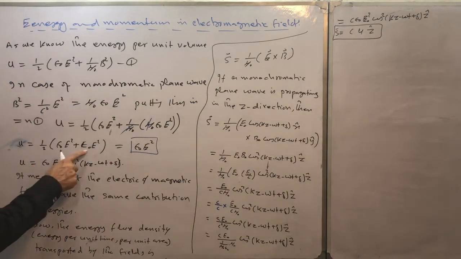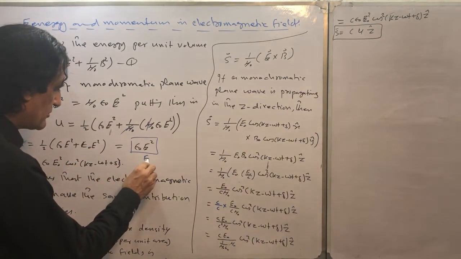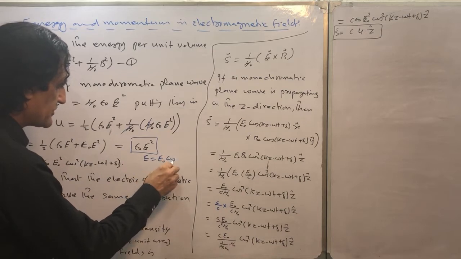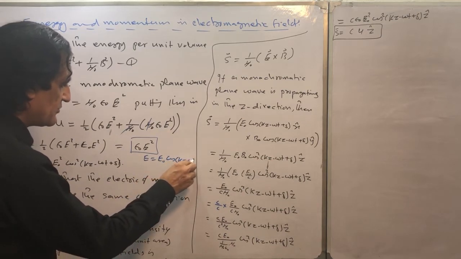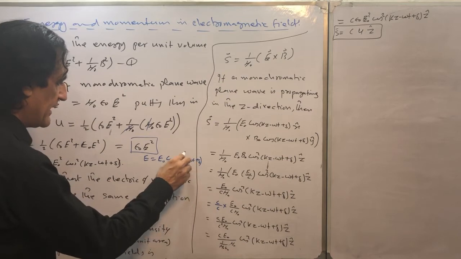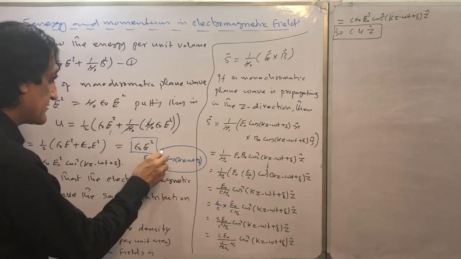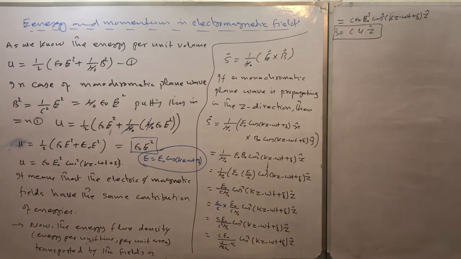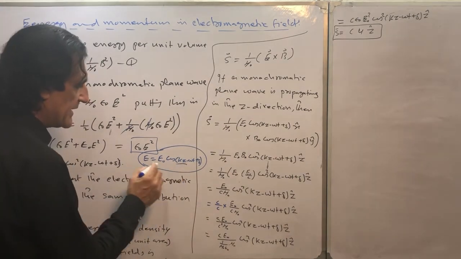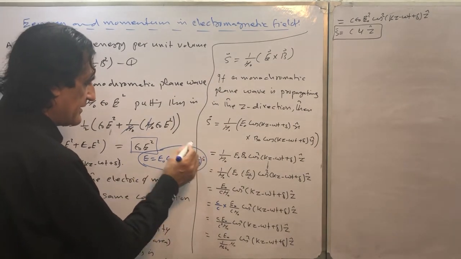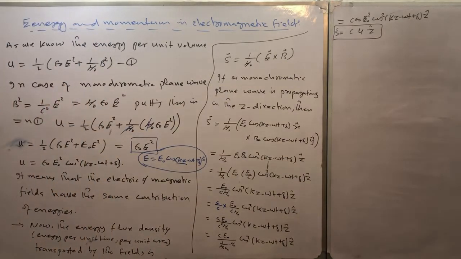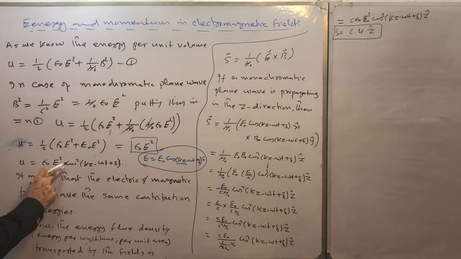And if we put the value of E is equal to E naught cosine of kz minus omega t plus delta, if this is the electric field moving along the z direction and the electric field is along the x direction, then we can say that this is the energy, epsilon naught E naught square cosine square of kz minus omega t plus delta.